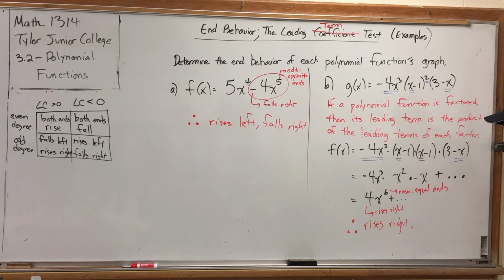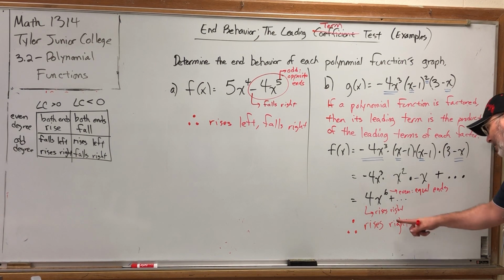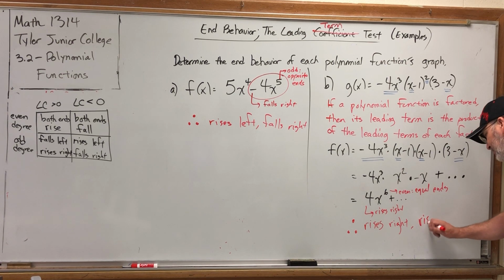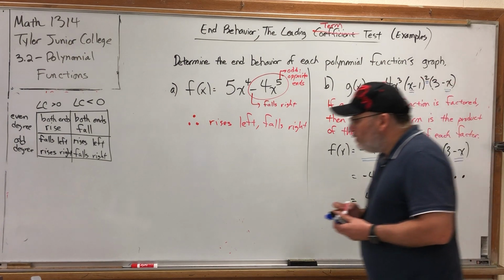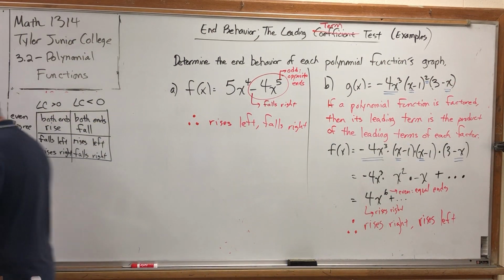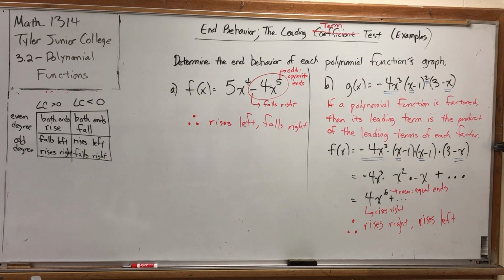So if they're equal ends and the right rises, that also means it rises left. So end behavior is predictable if you know where to look and what to say when you look at it. It's all about the leading term, and more specifically, the sign of the leading coefficient, and whether the degree is odd or even.